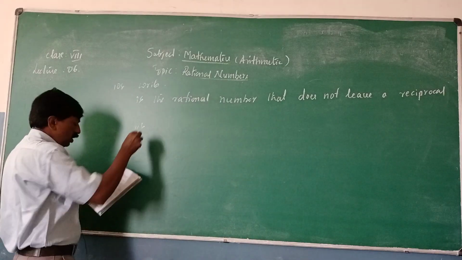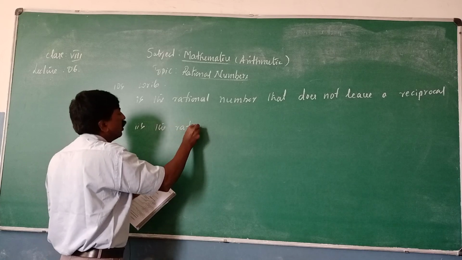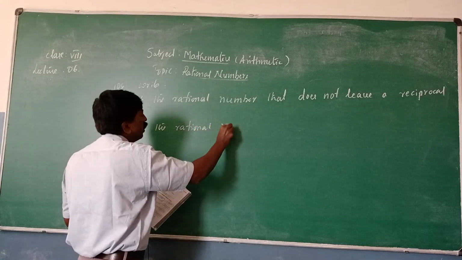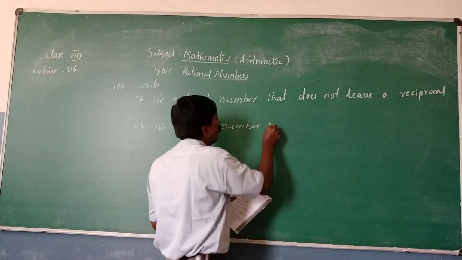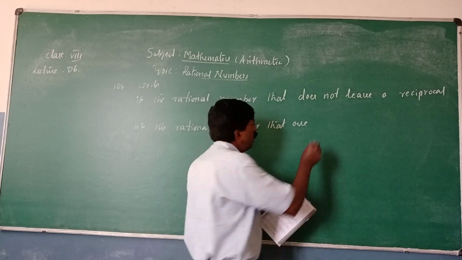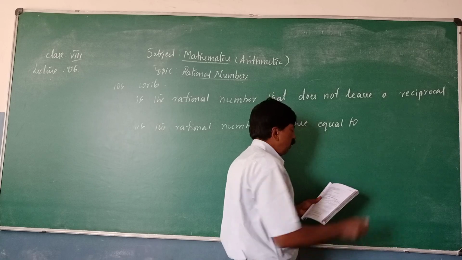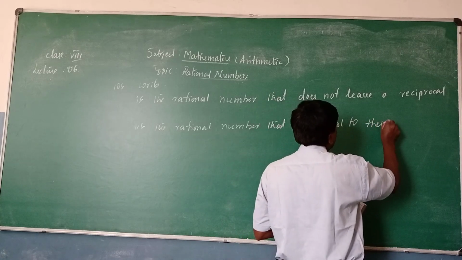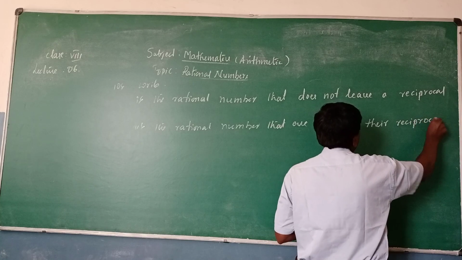And the second question: the rational numbers that are equal to their reciprocal.